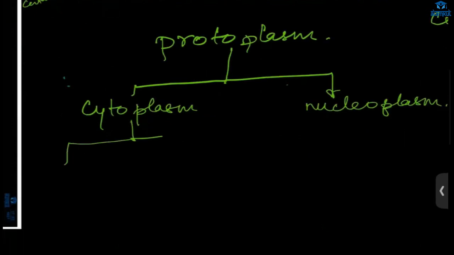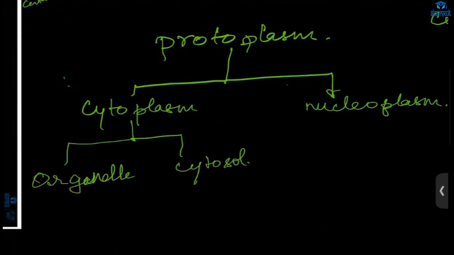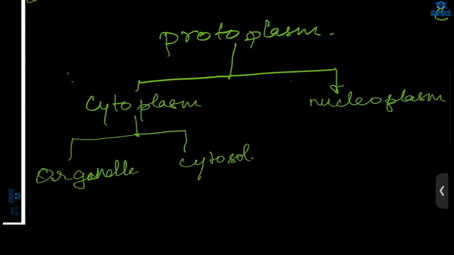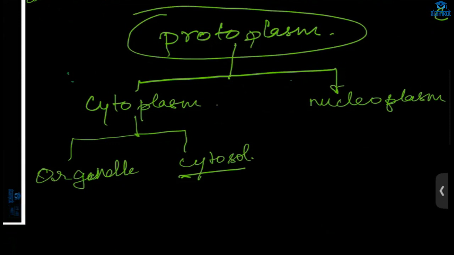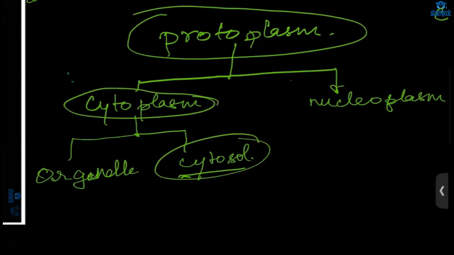Cytoplasm has two parts, organelles and cytosol. Organelles are the endoplasmic reticulum, Golgi apparatus, lysosomes, plastids. The liquid substance present in the cytoplasm is cytosol. Now you can see the difference between protoplasm, cytoplasm, and cytosol.